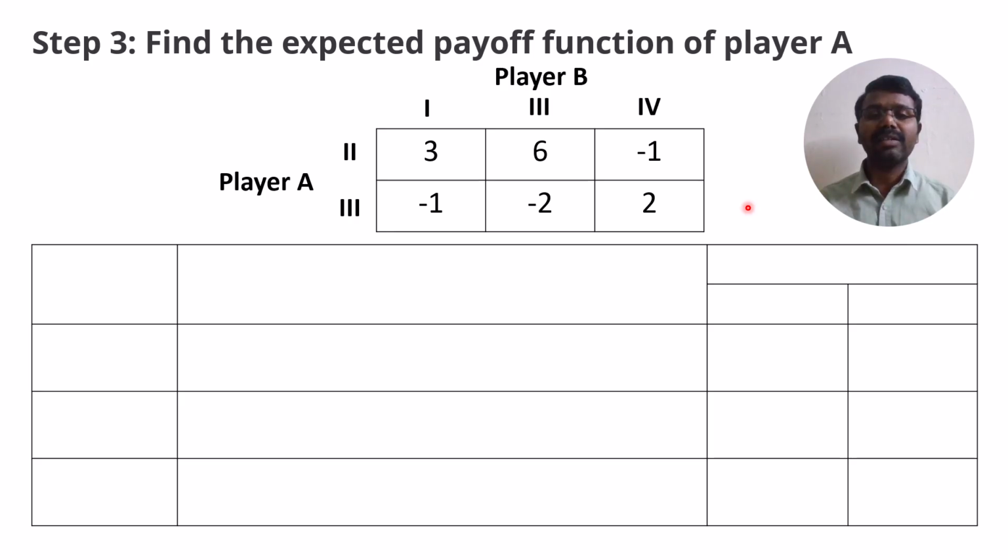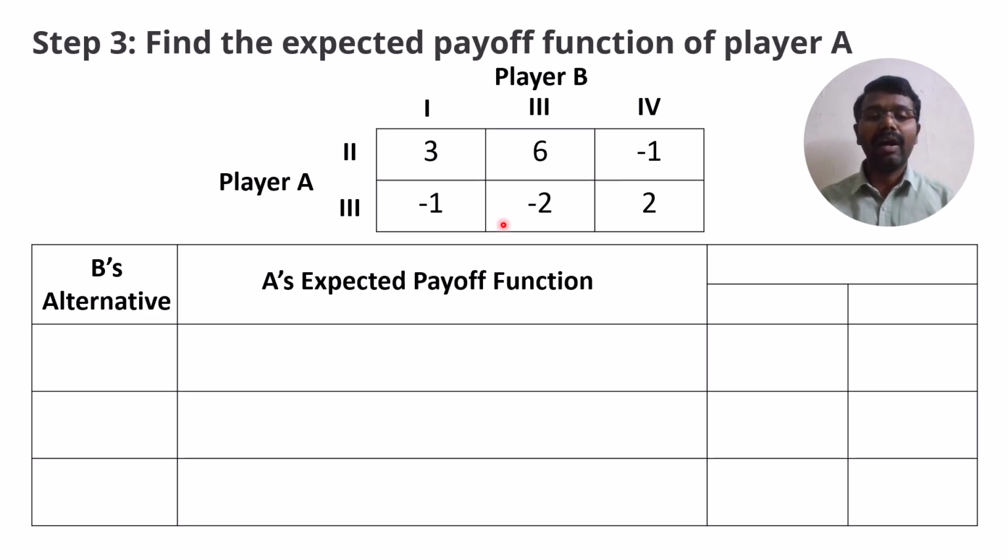Let us find the expected payoff function of player A. These are the B alternatives: first strategy, third strategy, and fourth strategy. And here we are going to calculate A's expected gain at x is equal to 0 and x is equal to 1.